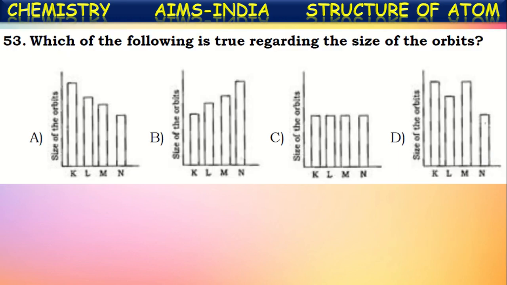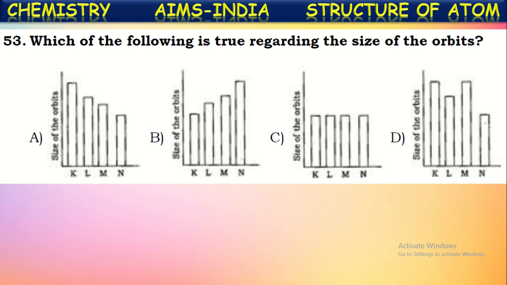Next one. Which of the following is true regarding the size of the orbits? How does the size trend from lower orbit to higher orbit? We know the size of the first orbit, the orbit which is very near to the nucleus, is very small, and as we move away from the nucleus the size of the orbits gradually increases.